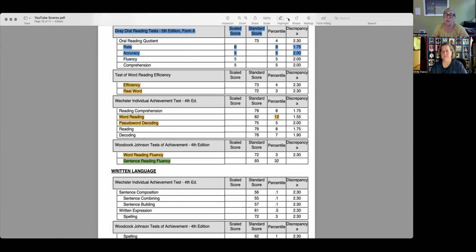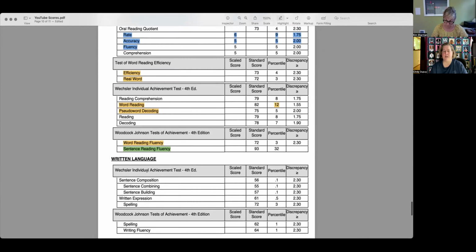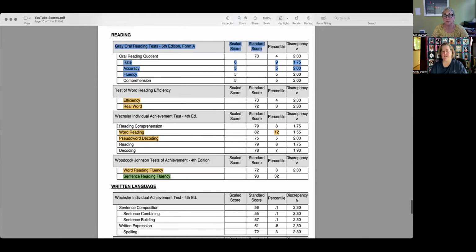So they wouldn't know that Gray Oral Reading is passage level. Well, that's where you need to watch some videos and talk to some people and get familiar with what things are, right? And then there's the reading comprehension at the passage level. Okay. So that gives you word, sentence, passage.